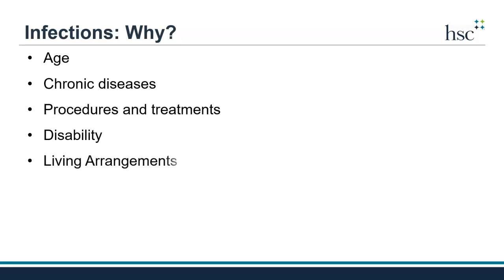Lastly, living arrangements such as living with groups of people or being moved from one place to another to get care. This puts people at greater risk because it allows people to have more contact with others and environments that can have germs. Of course, all of these things taken together just increase the risk of older adults in getting infections.